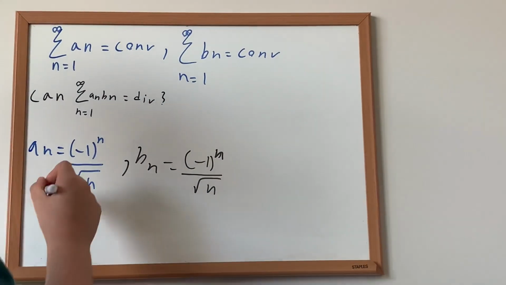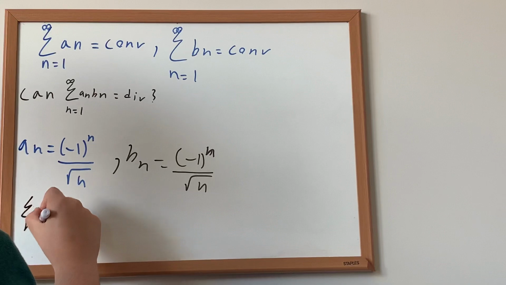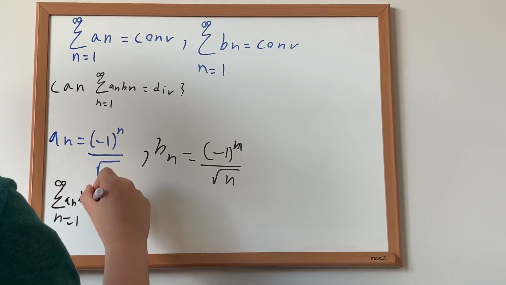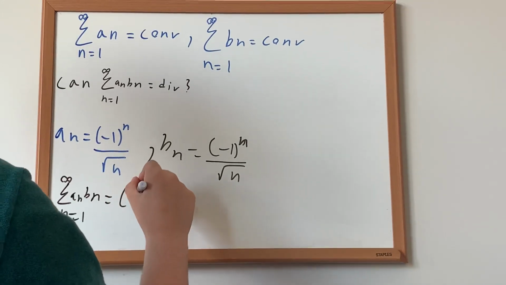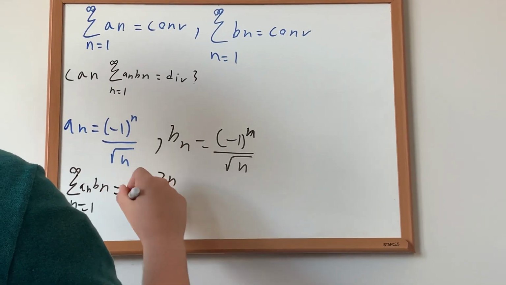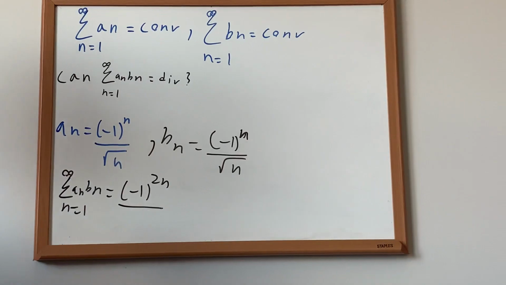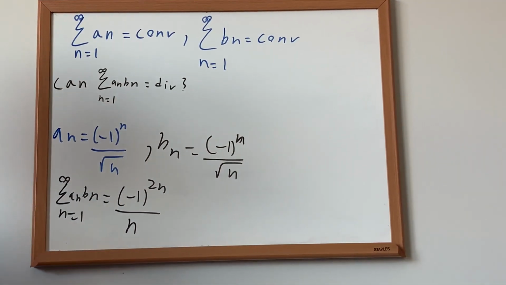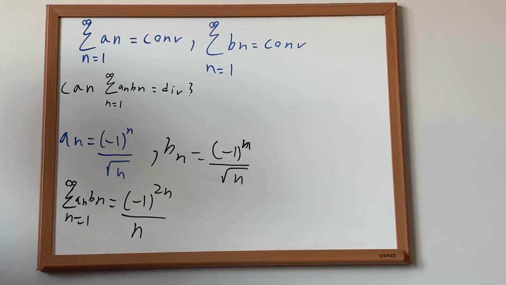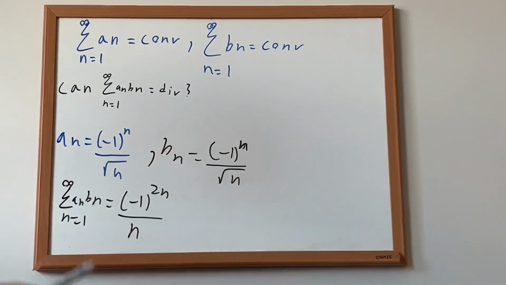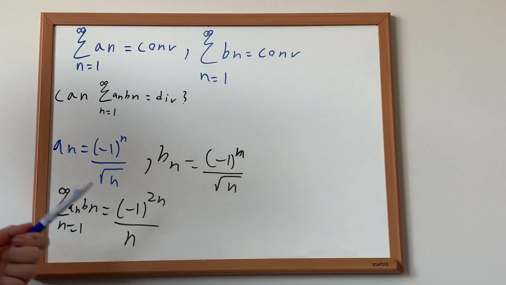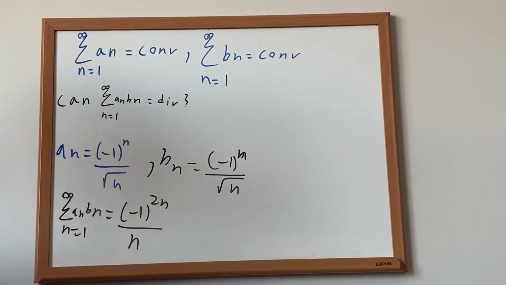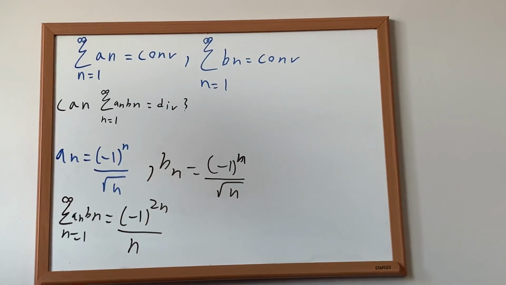So we can write that the sum from n equals 1 to infinity of an times bn is negative 1 to the power of 2n over n, since square root of n times square root of n is just n. Now, if we look at the numerator and put in numbers like 1, 2, we see that for every value of n, this value is 1.